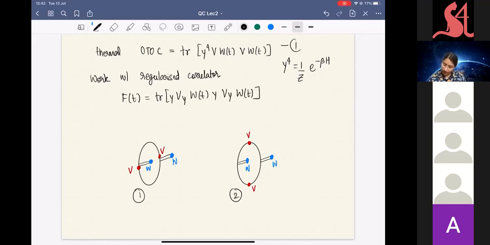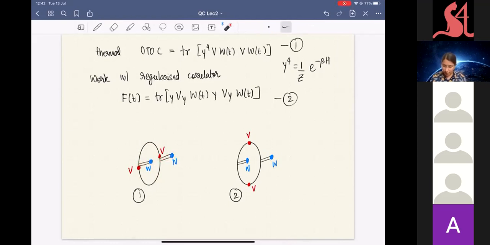What I've drawn here for the first correlator, the circle is the imaginary time circle, which has a period of beta, and this is the real time.